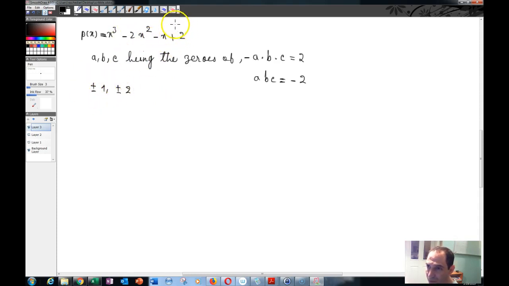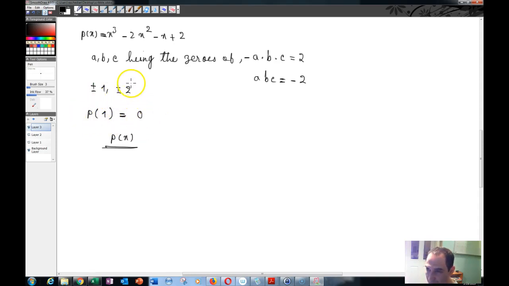So now if I calculate, for example, P of positive 1, and if it gives me a 0, that means that this is a 0 of this polynomial. Meaning that if P of 1 gives me a 0, that means the remainder, what that means is that if I divide P of X by some first degree polynomial.